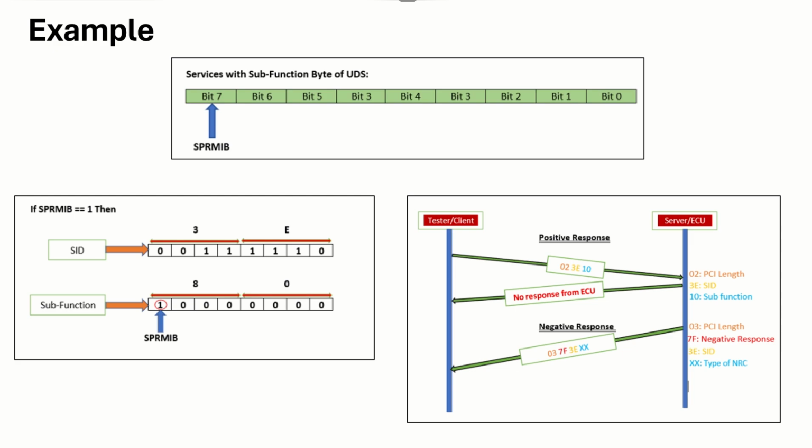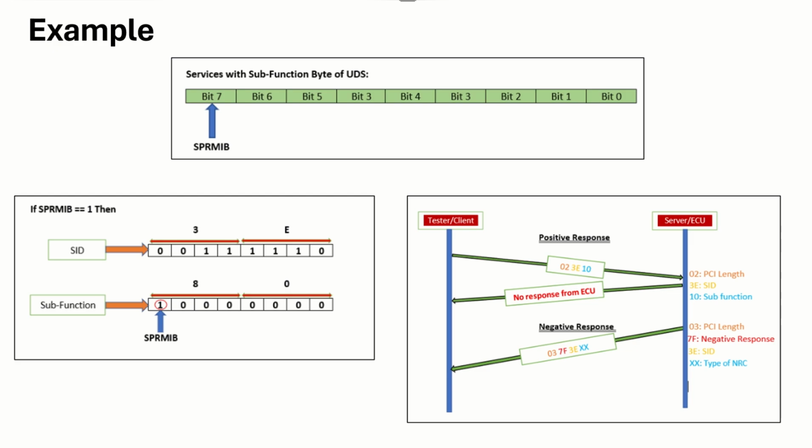On the right hand side, we can see the message flow. If the tester or client sends a request with SPRMIB set to 1, the ECU will not send a positive response back, as it is indicated by the message flow labeled no response from ECU.